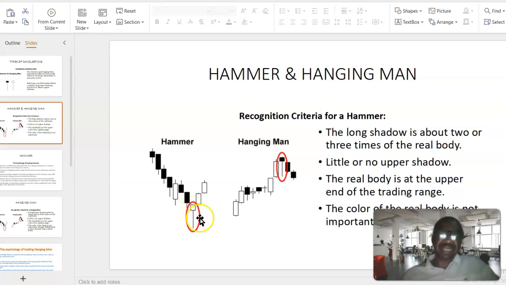So the bulls dominated, and next you look out for a Marubozu. After the close of a Marubozu candle, you need to buy. If I'm to enter here, I will buy after the close of this candle, and you will see price start taking you higher. That's how to trade using the hammer.